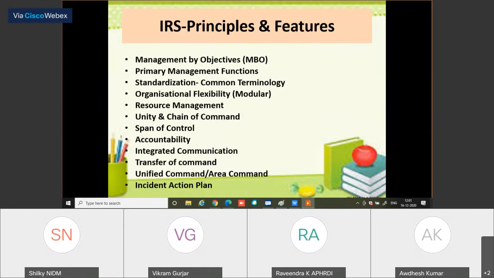And we have this organizational flexibility because we can have a small set of people for small incidents, and if we require a large number of responders, we can involve large numbers. So this organizational flexibility is dependent on the wisdom of the commander. And for resource management, we have to do whatever is available with us, with the best available resources in the best possible manner.